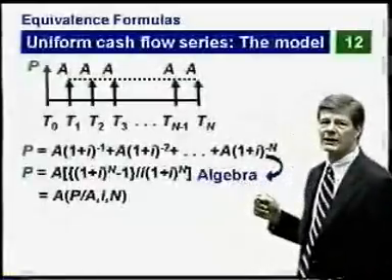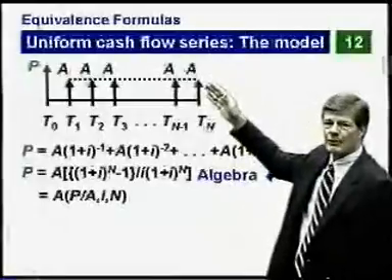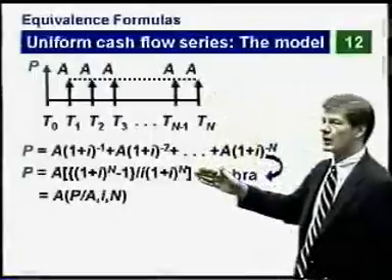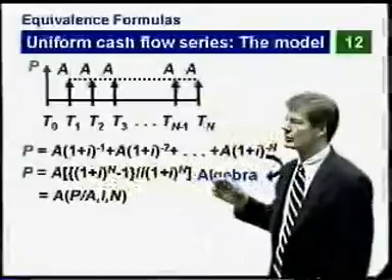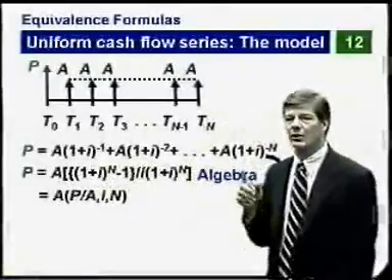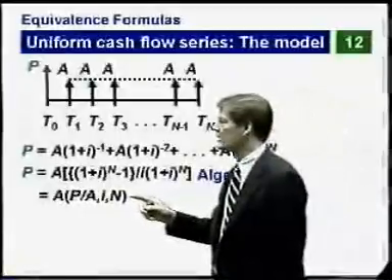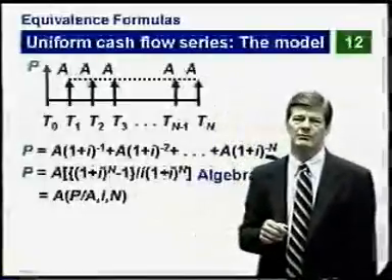So now if I want to find a present sum that's equivalent to a uniform stream represented as shown here, I can solve this expression, and you'll notice this expression in the brackets is a function of only two quantities, the interest rate and the number of compounding periods, so I can also represent that one as an equivalence factor, find P, given A at interest rate I for n periods.